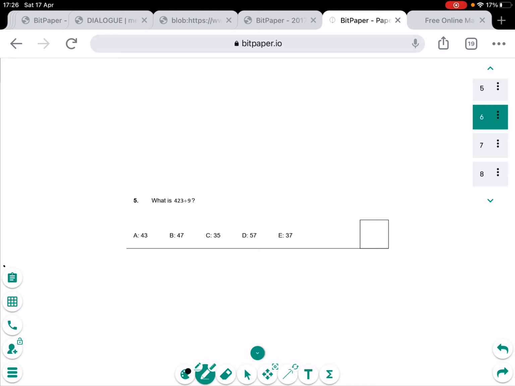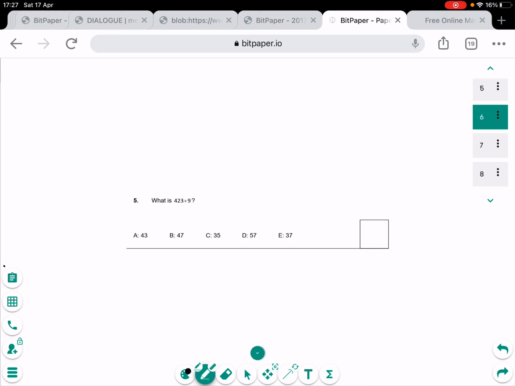423 divided by 9. It's the same stuff. So you could do it this way, but I'm actually going to teach you how to divide it without writing anything. For this type of division, you'll just take 4, and you know that 4 isn't enough to divide by 9.